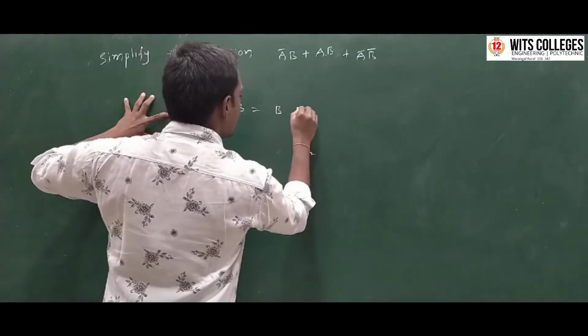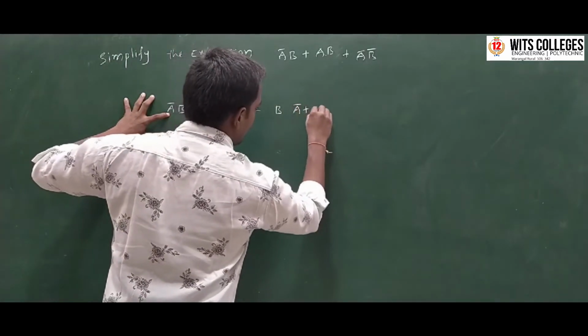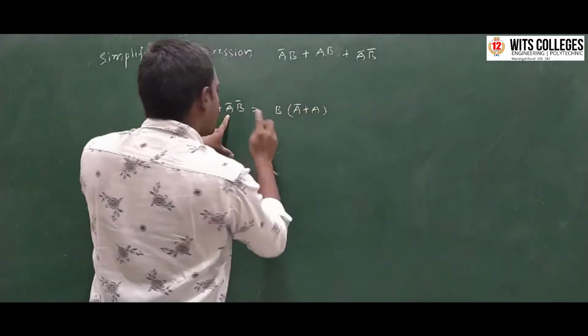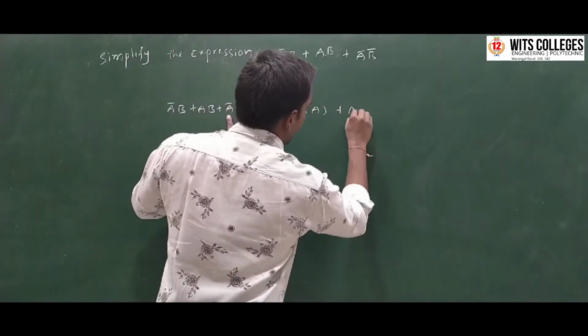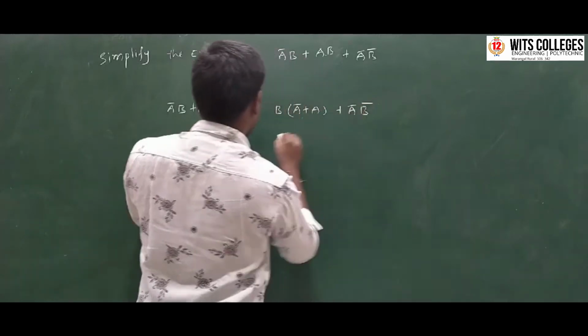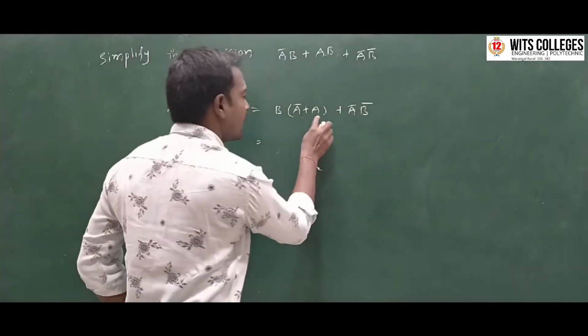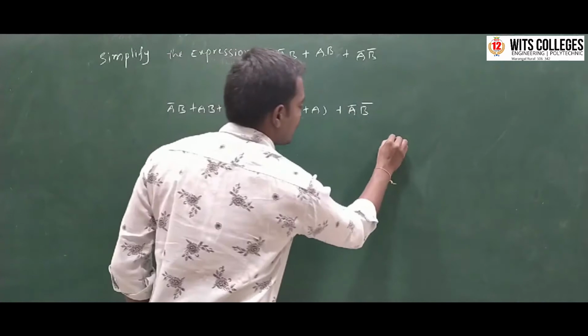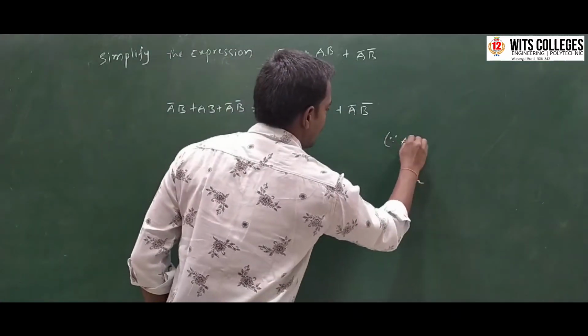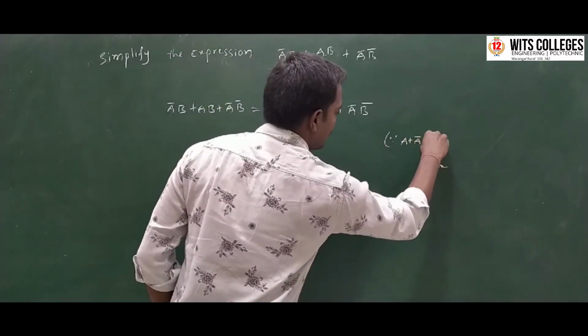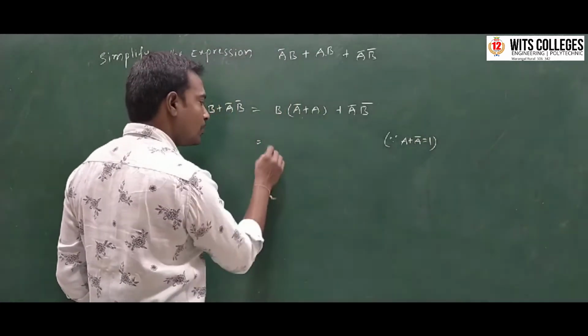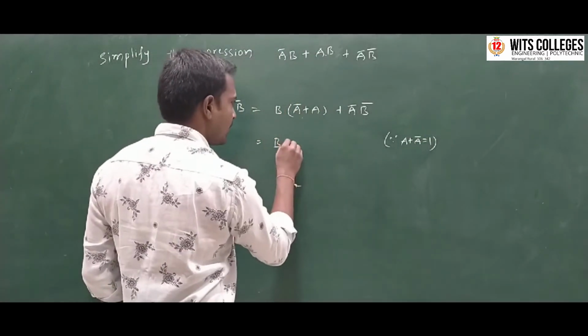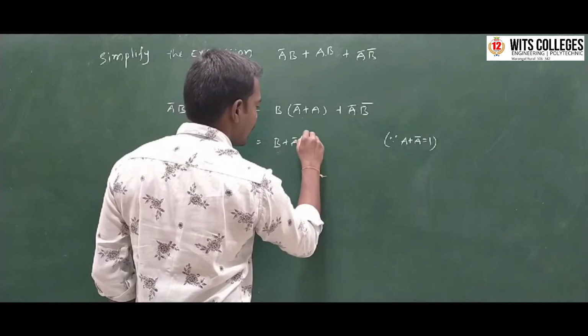Then we get Ā + A here, and another term, plus ĀB̄. Finally we get A + Ā is equal to 1, since A + Ā is equal to 1. So 1·B is equal to B + ĀB̄.